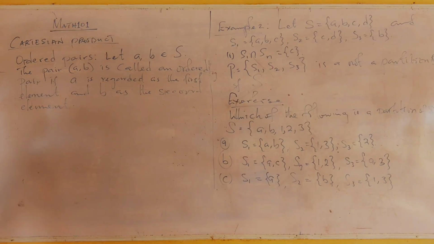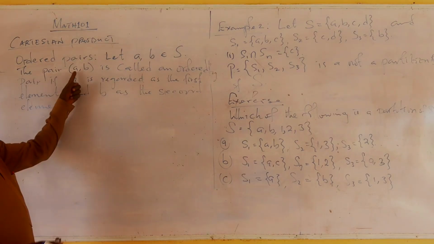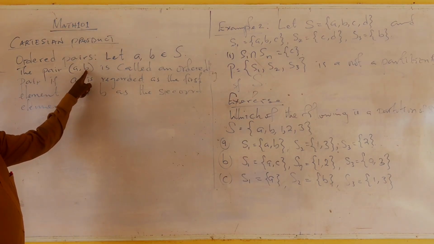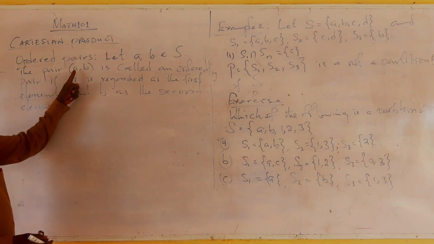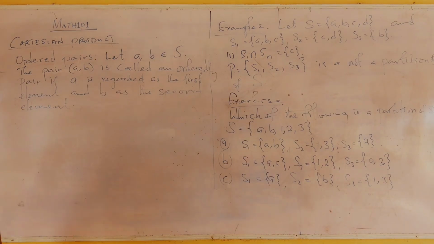So this is an ordered pair. If A is the first element and B is the second element, we write the ordered pair as A comma B and not B comma A.